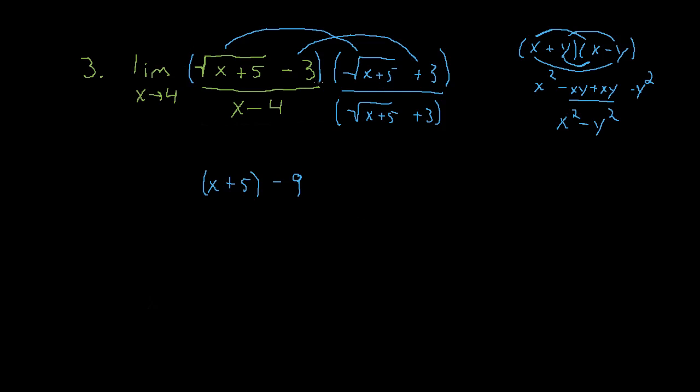I'm not even going to worry about multiplying my middle terms together because I know it takes on this form right here. This is all going to be divided by x minus 4 times this binomial right here. And this binomial is the square root of x plus 5.